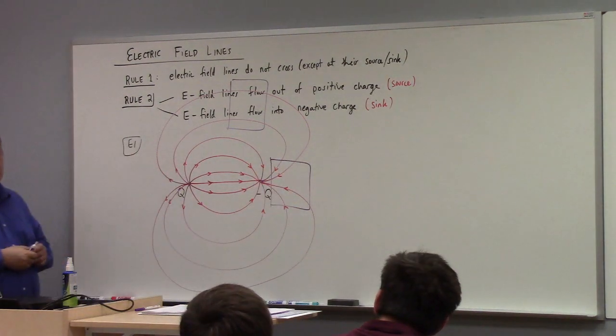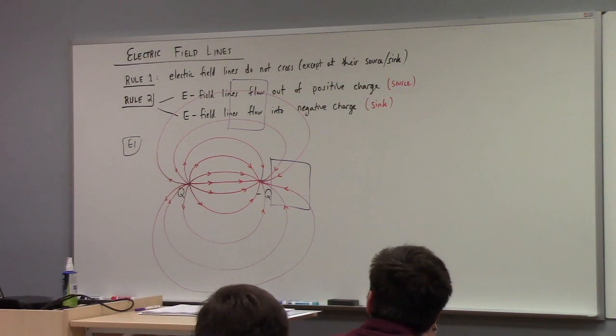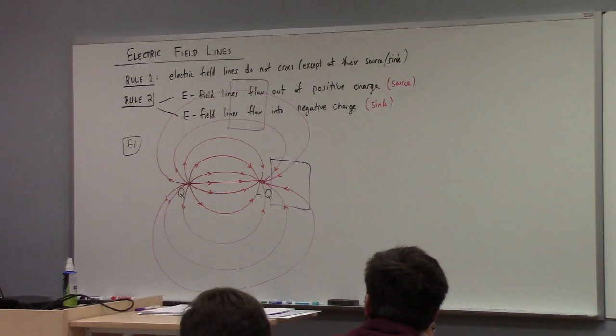So they're more bunched up there, corresponding to the electric field having a larger magnitude. So qualitatively, this is what we can tell from field lines. The more dense the field lines are, the higher the magnitude of the electric field. The more spread out, the lower the magnitude. That's the way these pictures work.